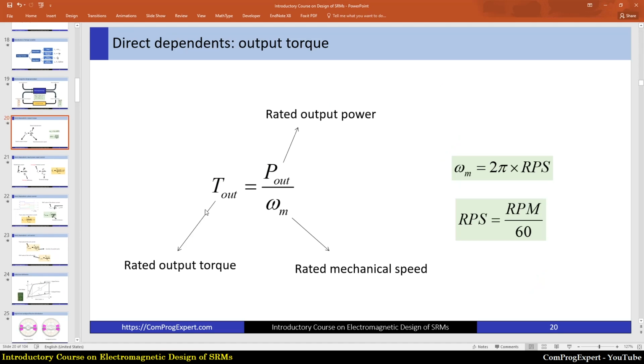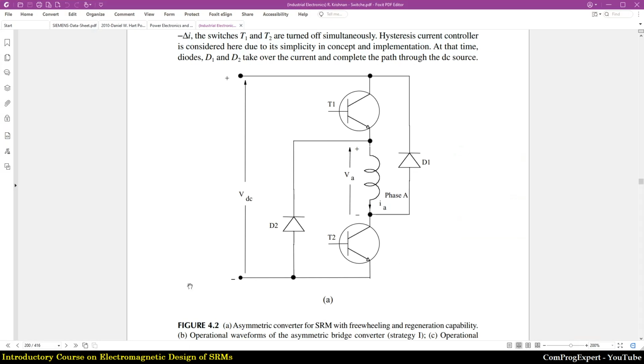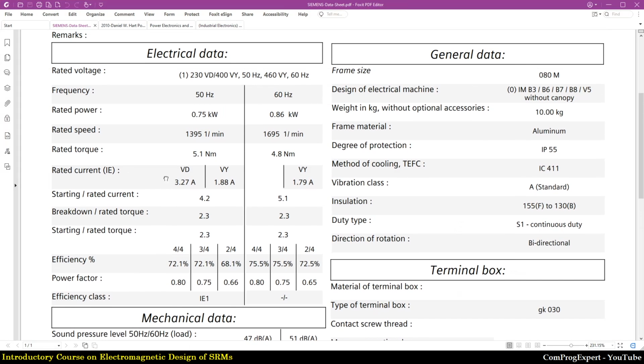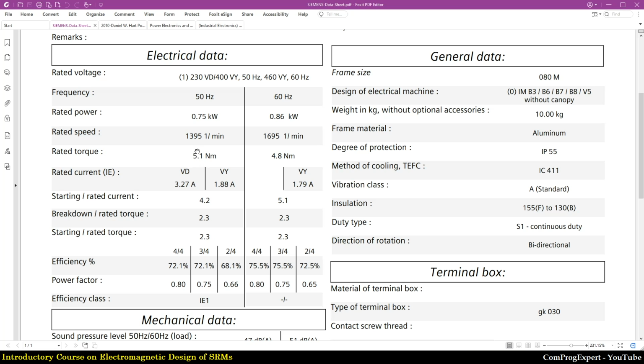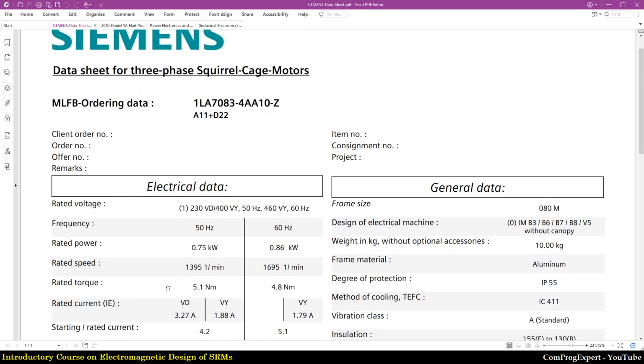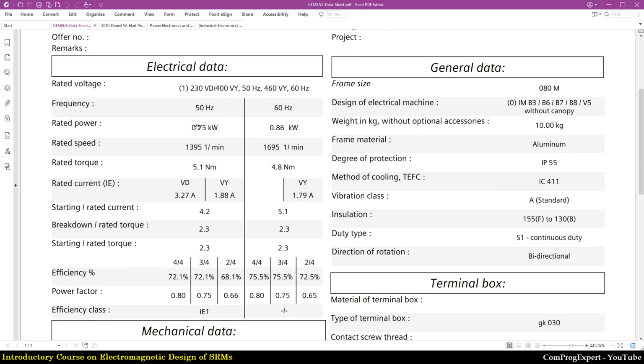So we can calculate the rated output torque, the electric torque that the motor should deliver at its continuous operation, right? Full load operation. Here you can see the rated torque of the induction motor mentioned in this datasheet. When we feed the motor with 50 Hz frequency, the rated torque is 5.1 Newton meters.